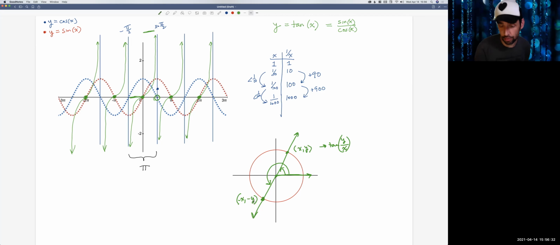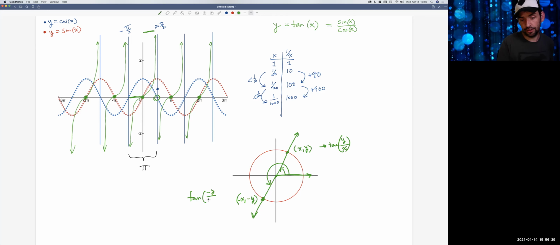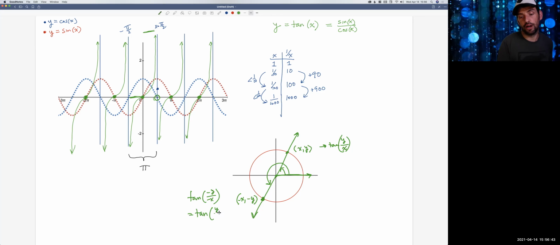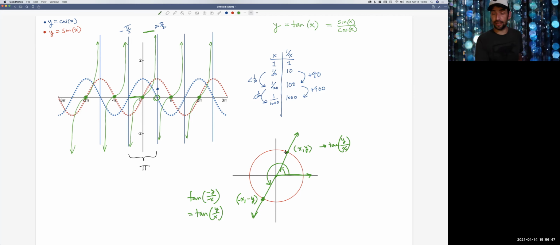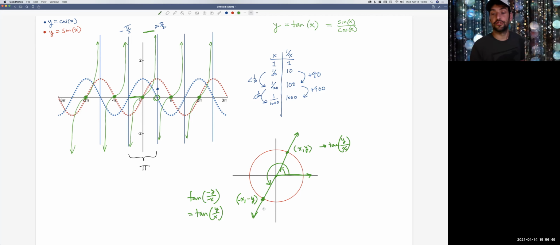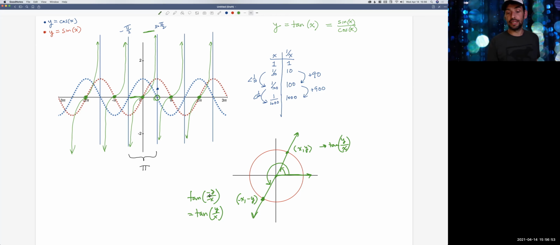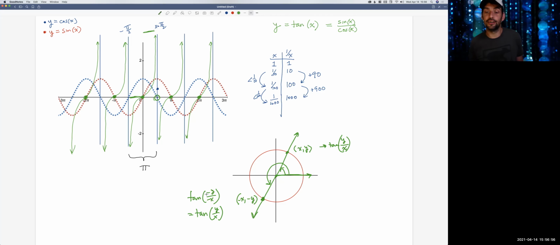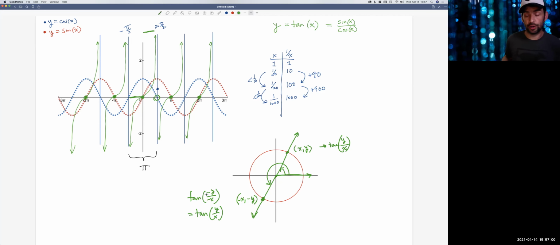But if you take their quotient, you've got two negatives, so tangent of negative y over negative x is just equal to tangent of y over x. So with sines and cosines, you have to get all the way back to where you started to repeat because you're getting negatives where you once had positives. But now, because these negatives cancel out, we repeat a little more quickly.